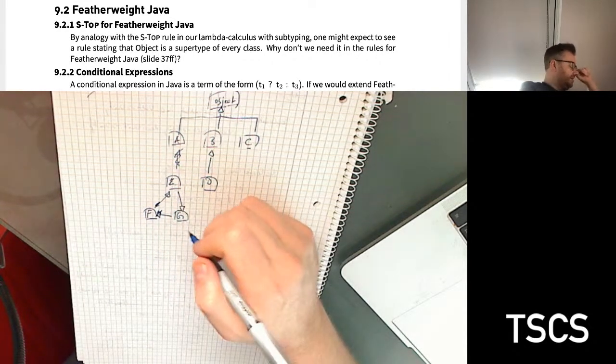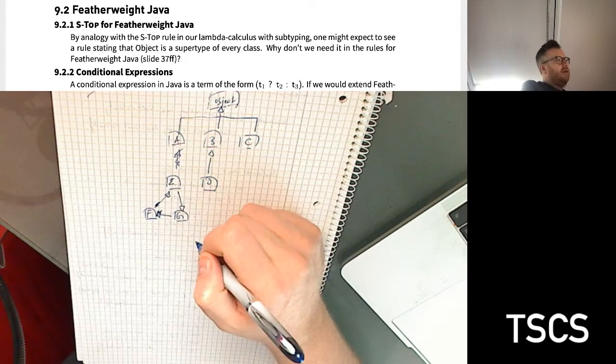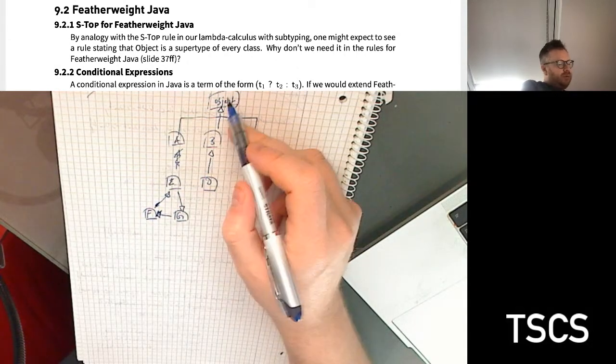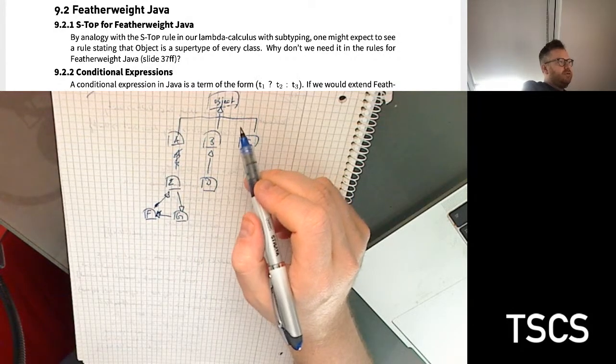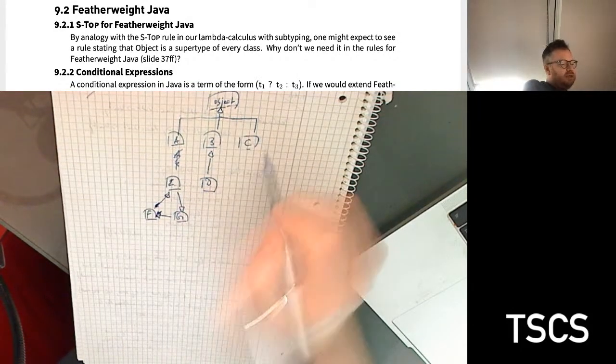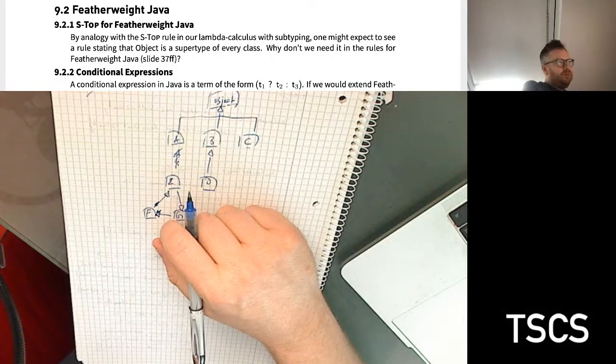This is a cyclic thing, and then everything must come back to Object, because if there's no other connection, it's Object. So it naturally forms a tree. So you don't need this explicit stop rule for once.